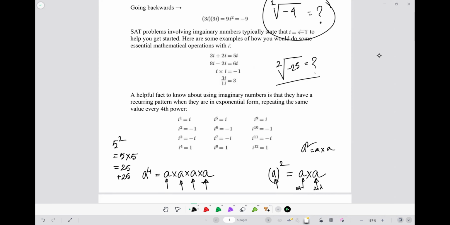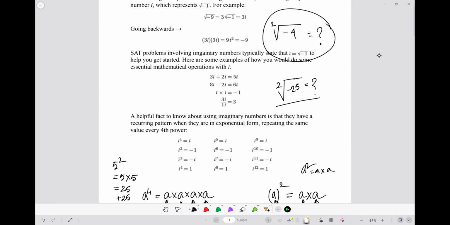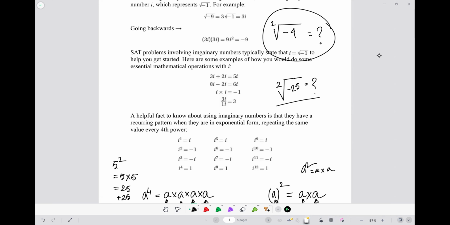So tell me something. You are doing some squared stuff, and you are getting a negative answer.